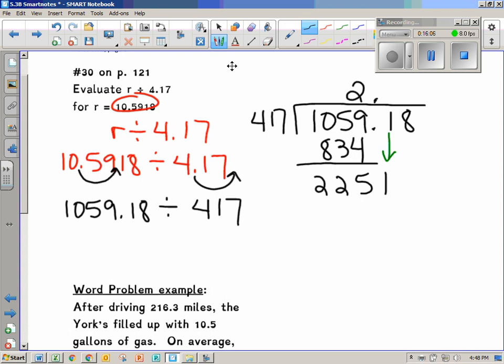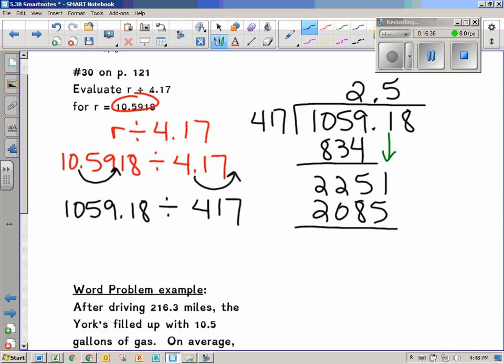So 417 into 2251, I'm thinking 400 times 5 would be 2,000, which looks good. 400 times 6 would be 2,400, which is too big. So that makes me think it's a 5. 5 times 417 is 2085.